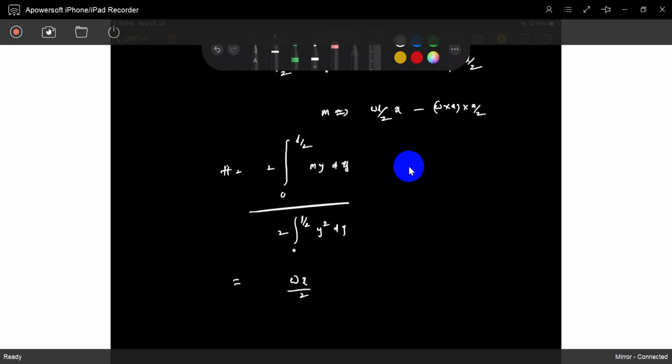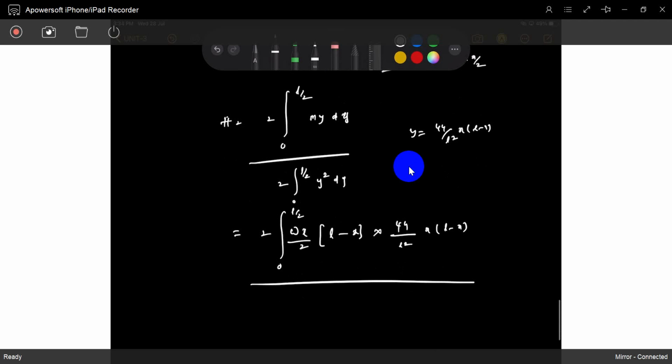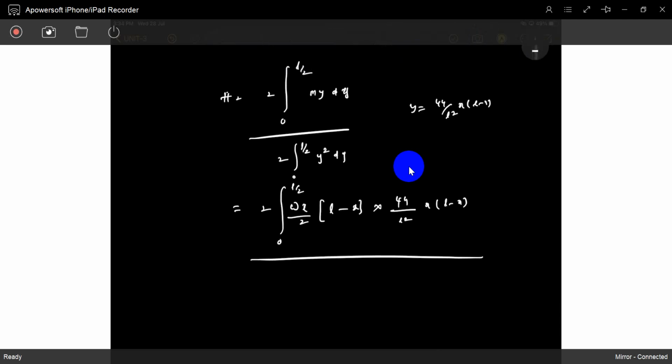Wx by 2 can go outside, and you get L minus x. And y you already know: y is 4h by L square, x into L minus x. So 0 to L by 2, the 2 cancels at the bottom also.